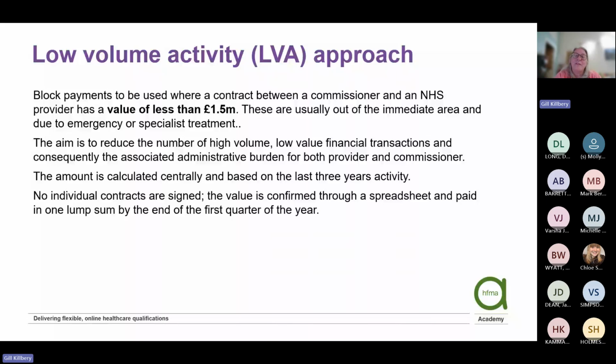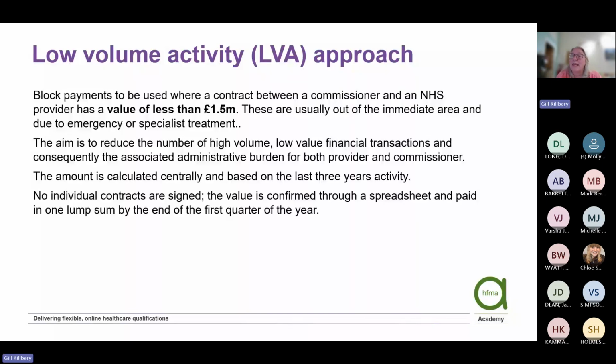The value of the activity done through the contract is monitored nationally and locally, and it changes based on a 3-year average. As with everything else, the prices that activity is calculated against change with cost and efficiencies.